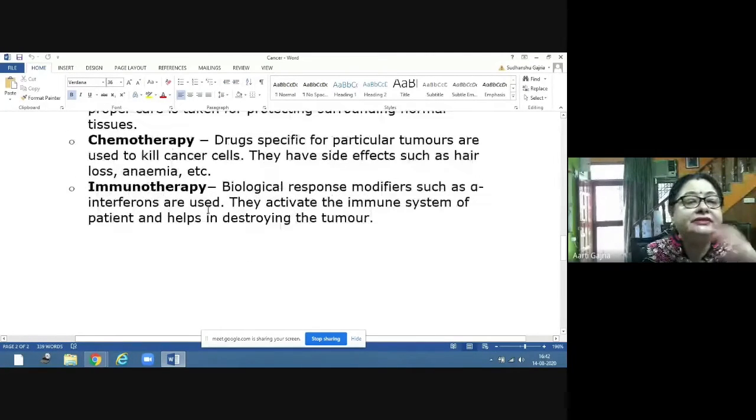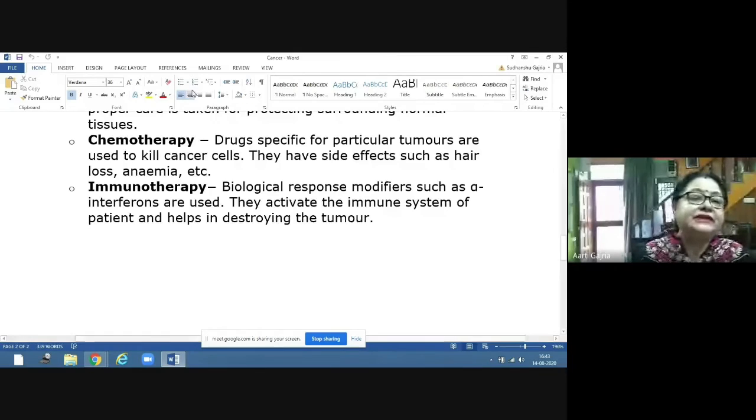Then there is immunotherapy, where biological response modifiers such as alpha interferons are used. Interferons, if you remember, we discussed in immunity also, are proteins secreted by virus-infected cells, and they protect other cells from infection by the virus.